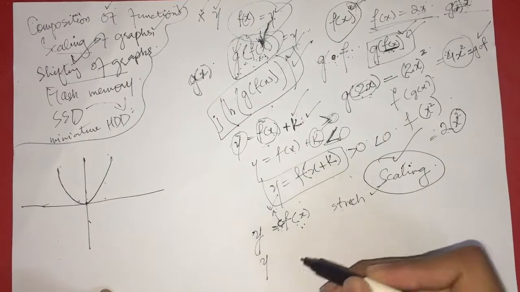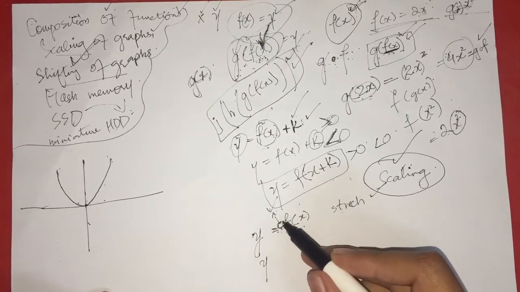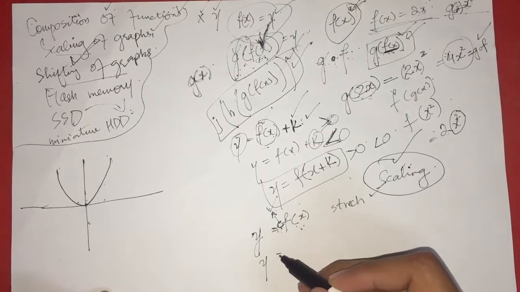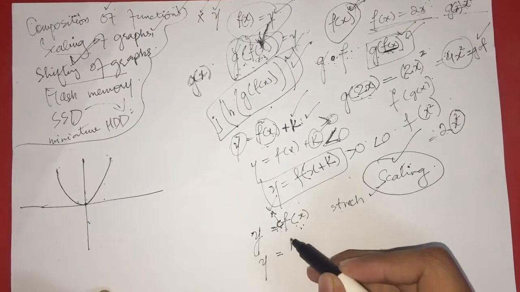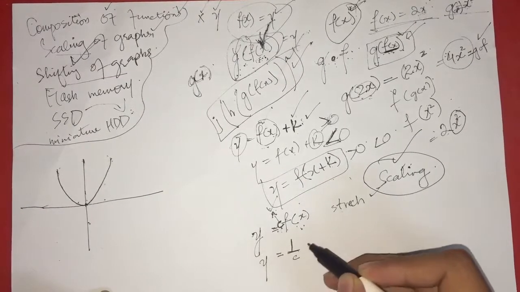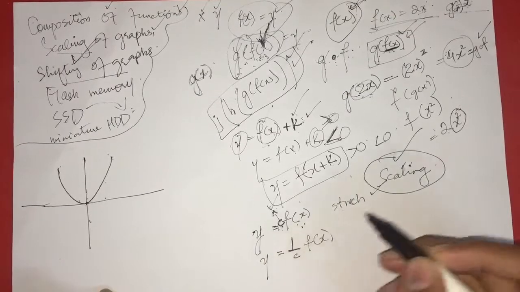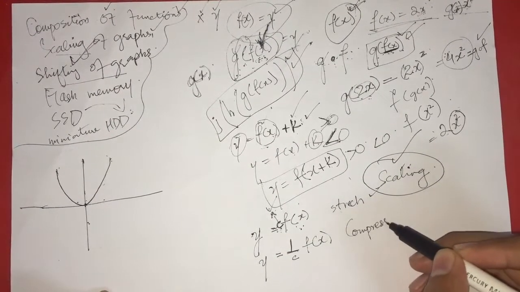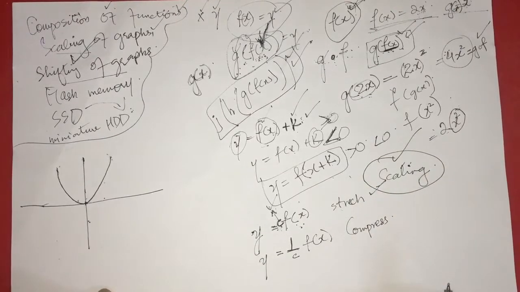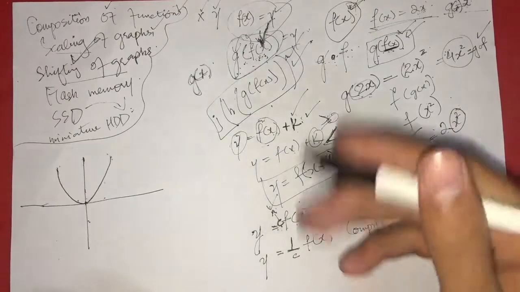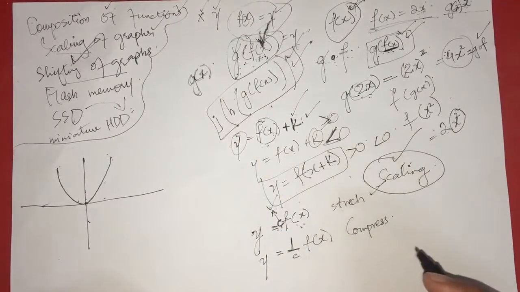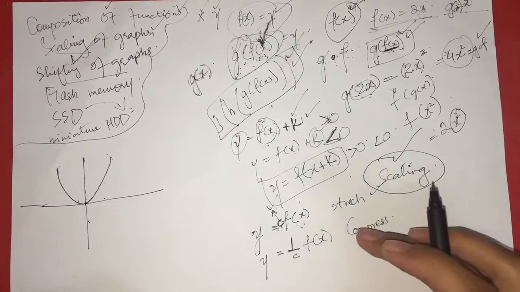And when you divide it, it's going to compress the graph vertically. So this is how you're going to stretch and compress the graph vertically.